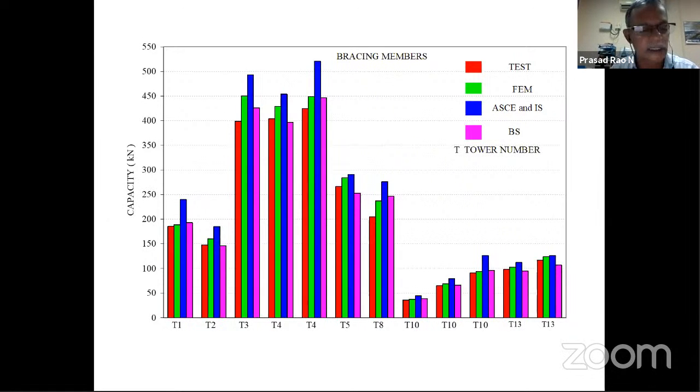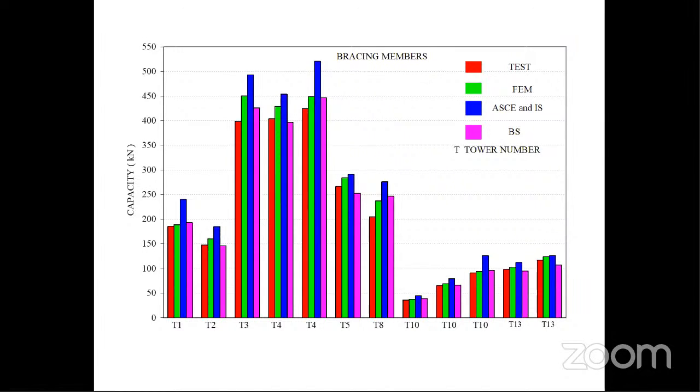So if you want to ask something, you can ask. Yes, thank you very much, sir. Throughout this lecture, we could narrow down that most of the researchers have been having a correlation between compression member capacity design with L/R ratio and reduction of weight of the members. Am I right, sir?